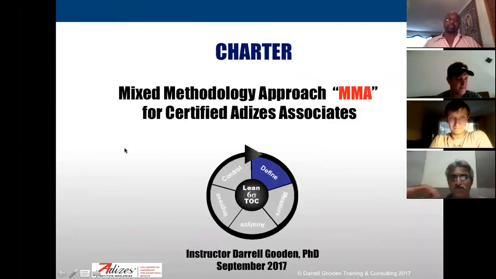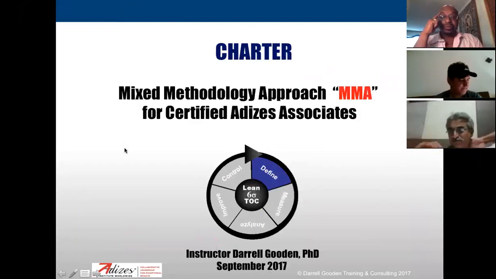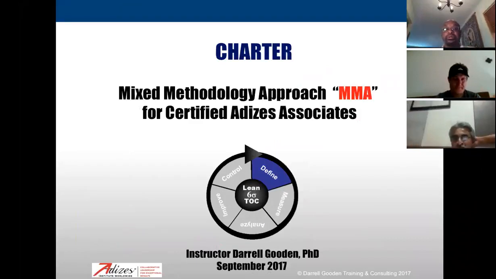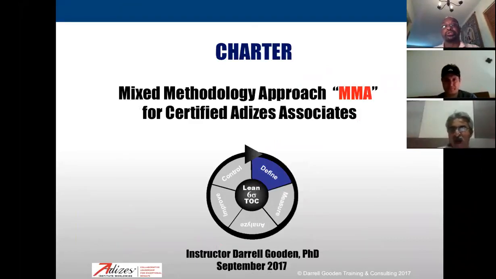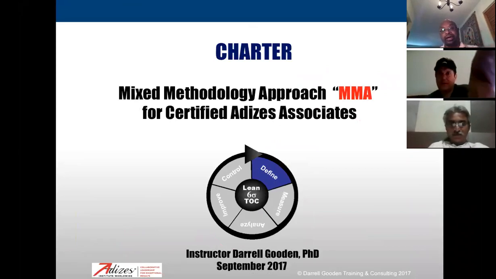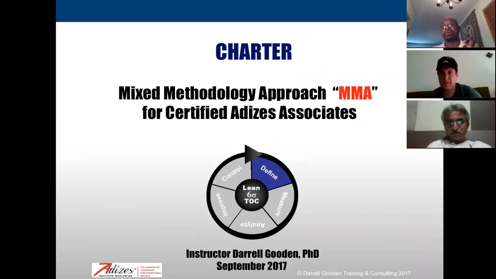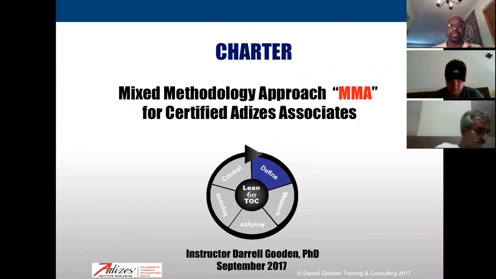So last time I had all these blocks colored in: define, measure, analyze, improve, control. Those are the 5 major elements of what is known as the DMAIC model. DMAIC comes from the Six Sigma practice.